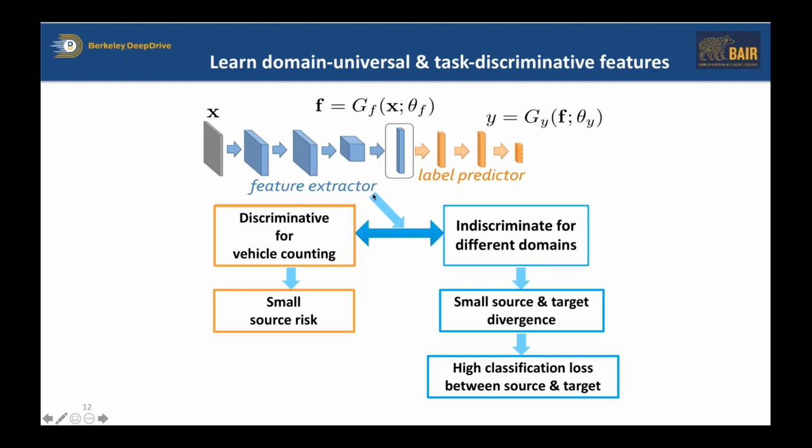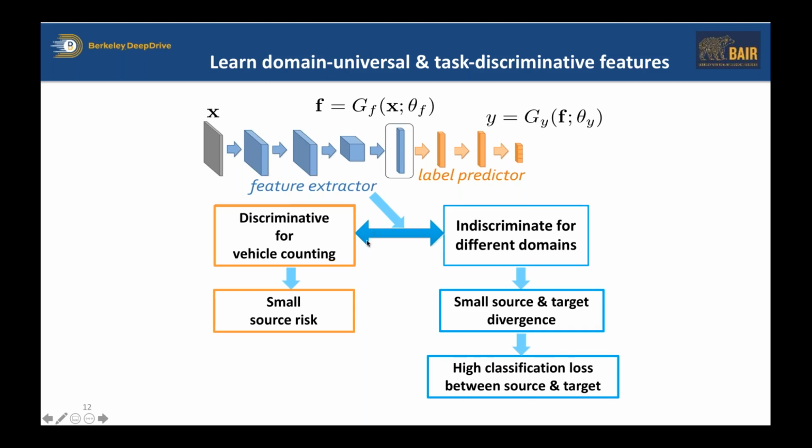However, at the same time, we also want to make the extracted feature discriminative for your final prediction task, like traffic counting. To achieve this discriminative feature for your final prediction, we want to have a small risk on your labeled source data. And to achieve a small source and target divergence, we want to achieve a high classification loss between the source and target domain classifier.